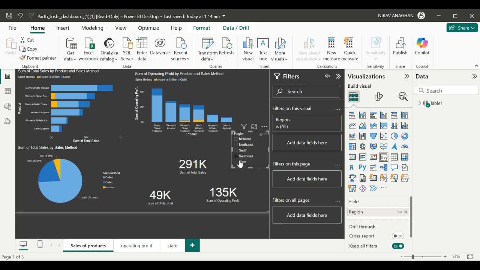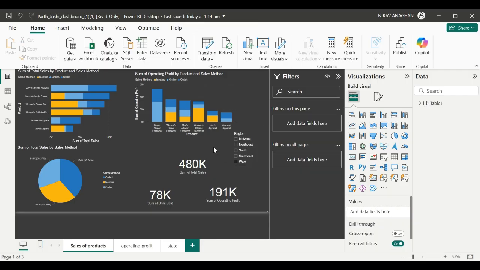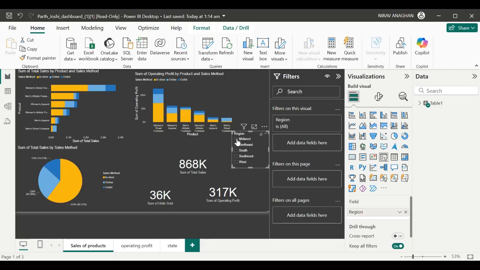This is very helpful for the person analyzing the data, and it's very interactive, gives an idea of what's going on, and provides insightful information from the data, which is also very visually appealing.